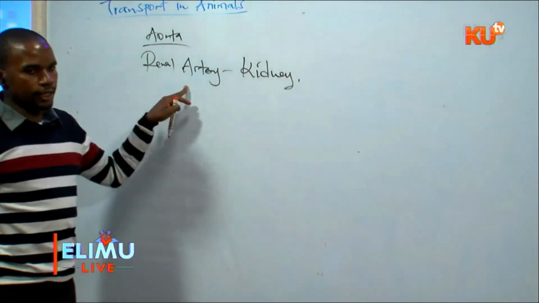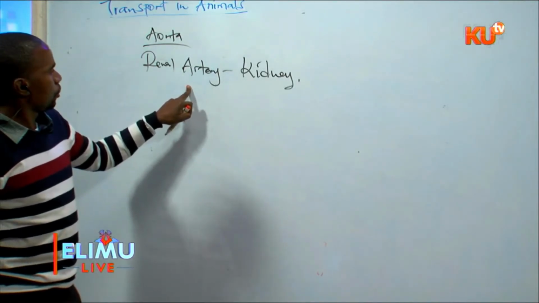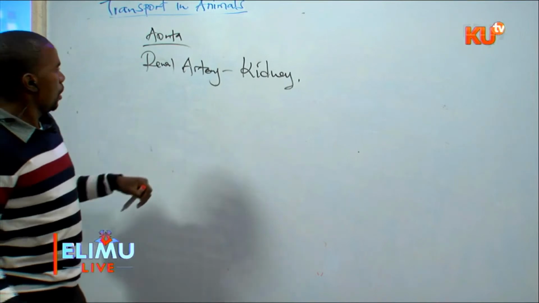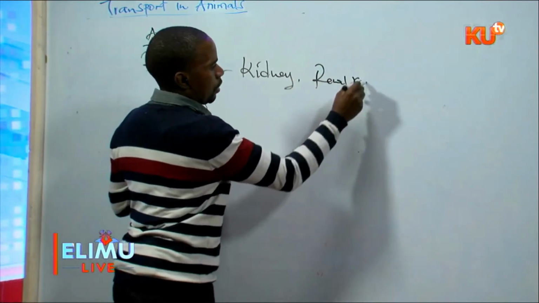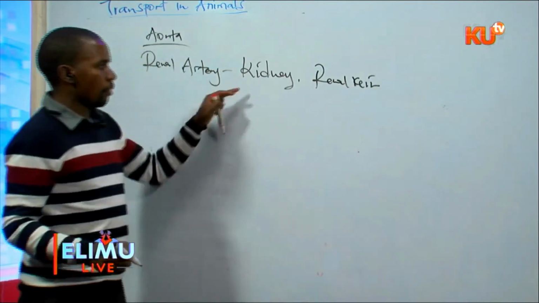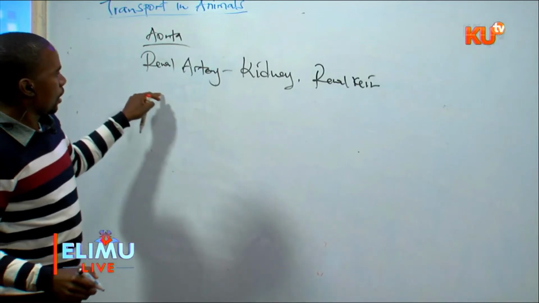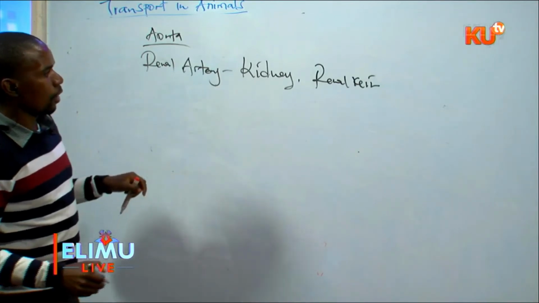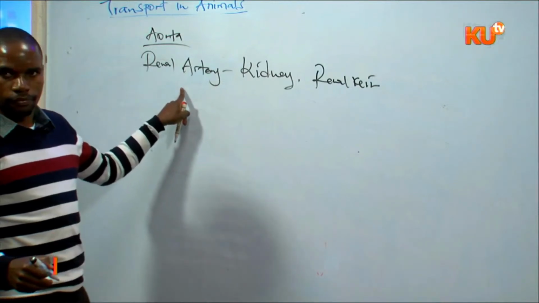So the renal artery carries blood to the kidney, while the renal vein will carry blood away from the kidney. That is the blood that now has impurities away from the kidney.